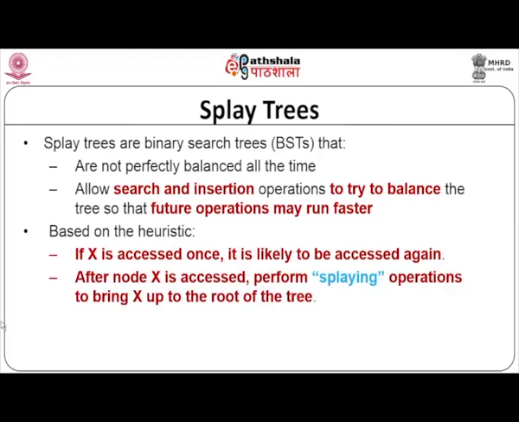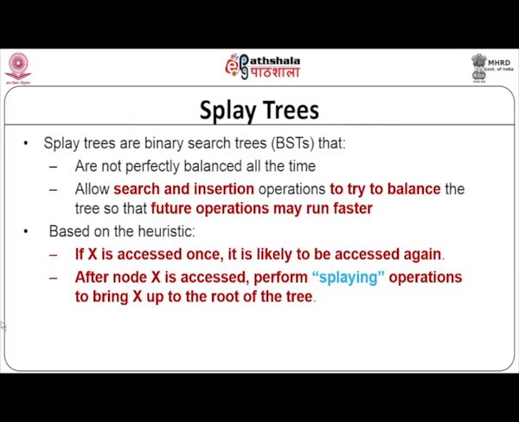After node x is accessed, we perform splaying operations to bring x up to the root of the tree. So, after you have accessed the node, the first time you access the node x, wherever it is, it will be there. But the idea is after you access the node x, either through insertion or through searching, once you do that accessing, you perform a splaying operation such that you take this x up to the root.